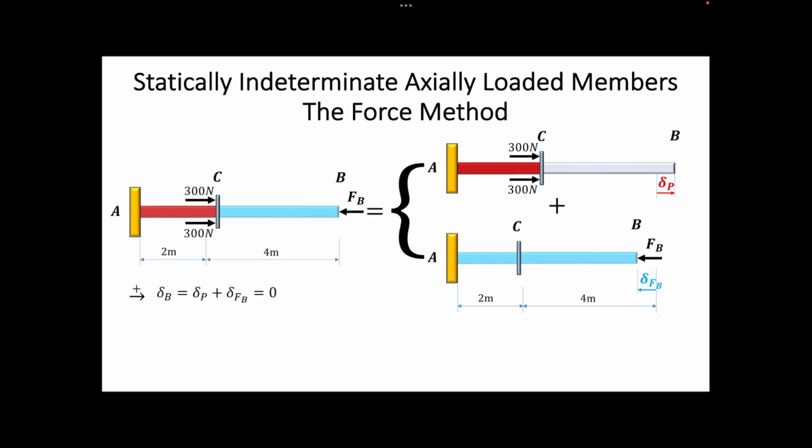For clarification, delta P is the displacement of point B caused by the external force, and delta FB is the displacement of point B caused by the reactive force FB.